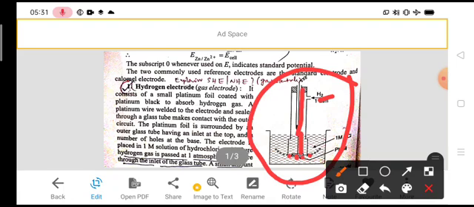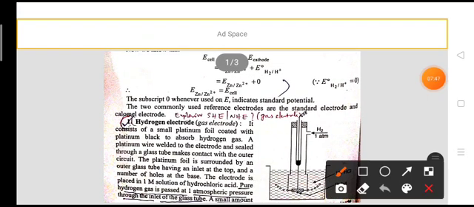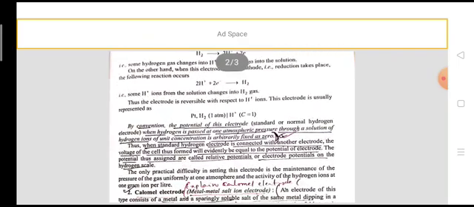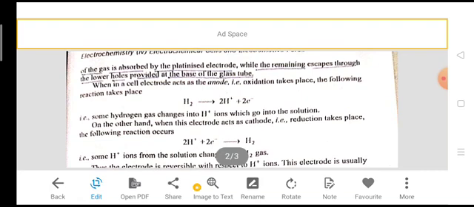Now the electrode is placed in 1 molar solution of hydrochloric acid, and pure hydrogen gas is passed at 1 atmospheric pressure through the inlet of the glass tube. A small amount of gas is absorbed by the platinized electrode.